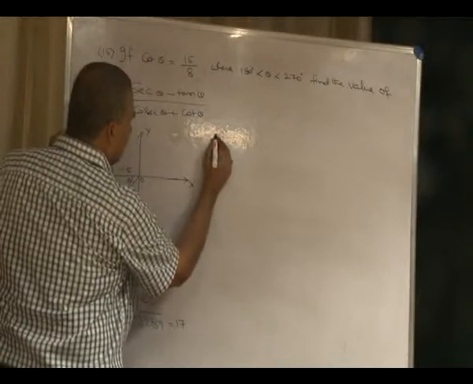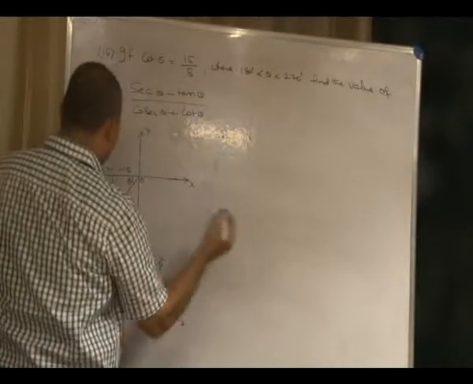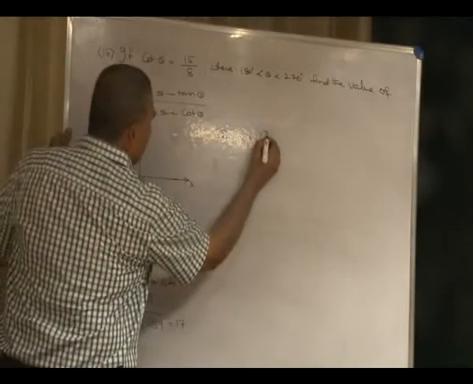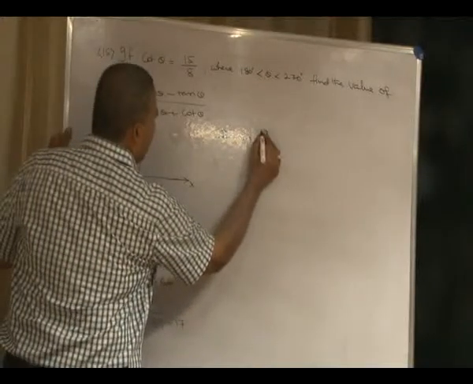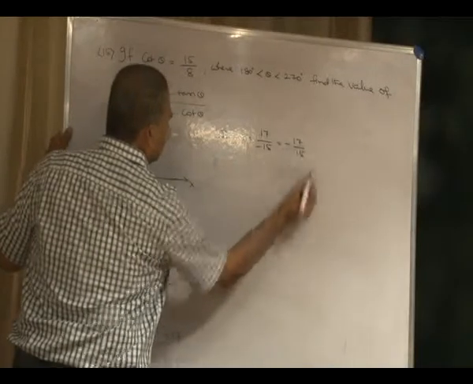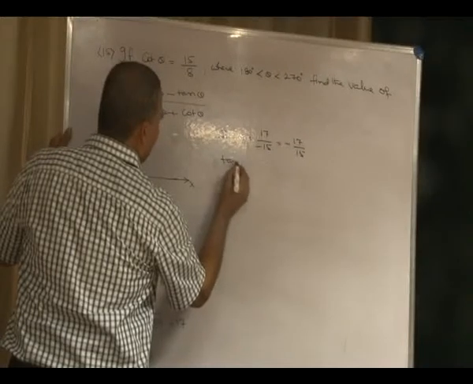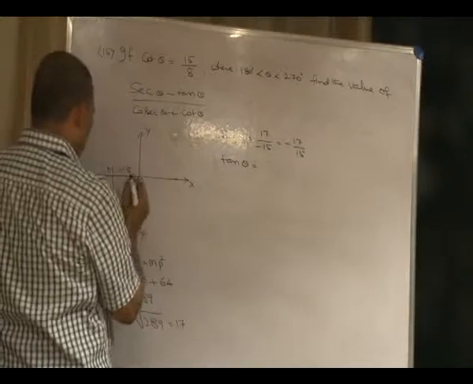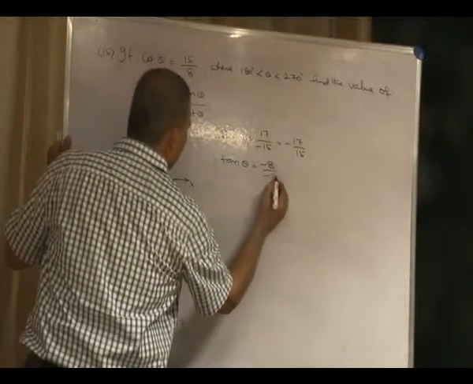Secant theta is equal to hypotenuse 17 by adjacent side minus 15. 17 by minus 15 is minus 17 by 15. Next, tan theta. Tan theta equal to opposite side by adjacent side, minus 8 by minus 15.